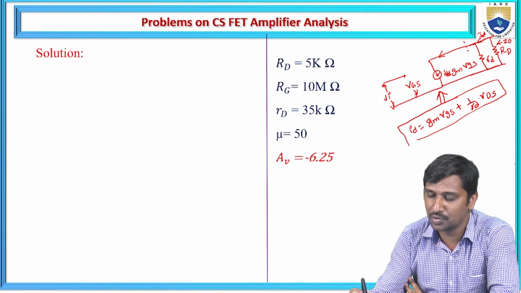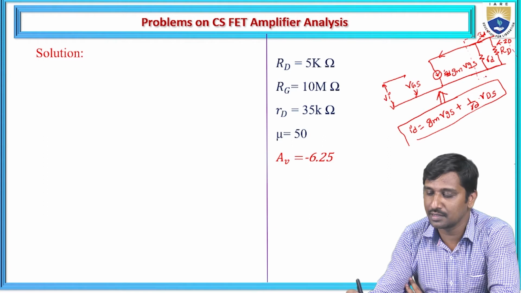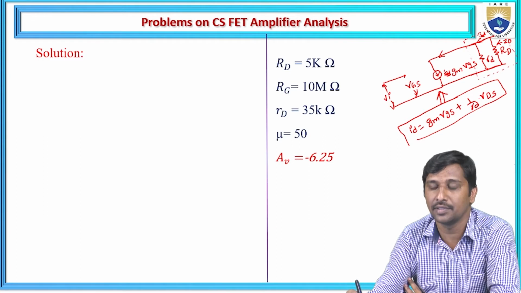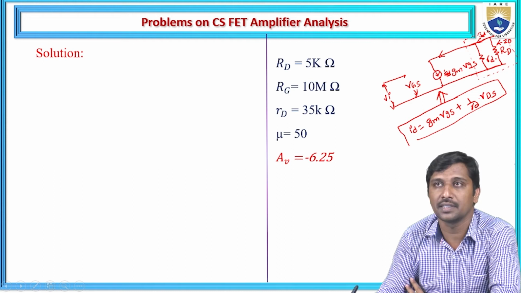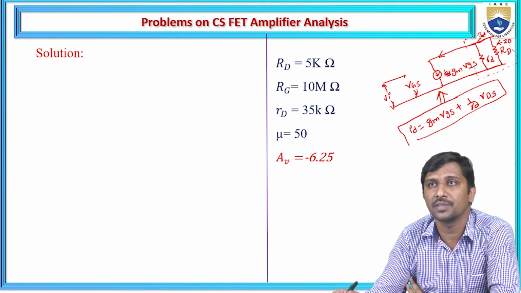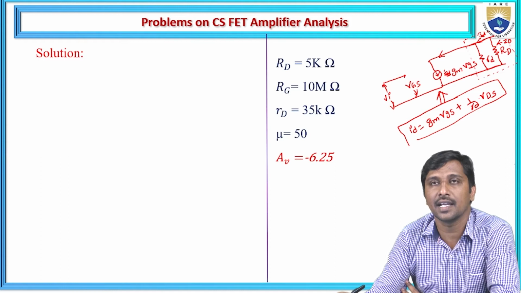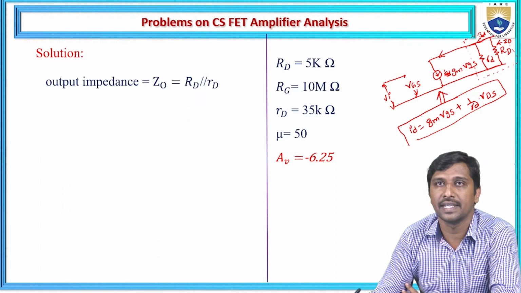Hence, if you observe the output network, to determine this output impedance Z0, we know that Z0 is represented as the parallel combination of the internal drain resistance and external drain resistance.